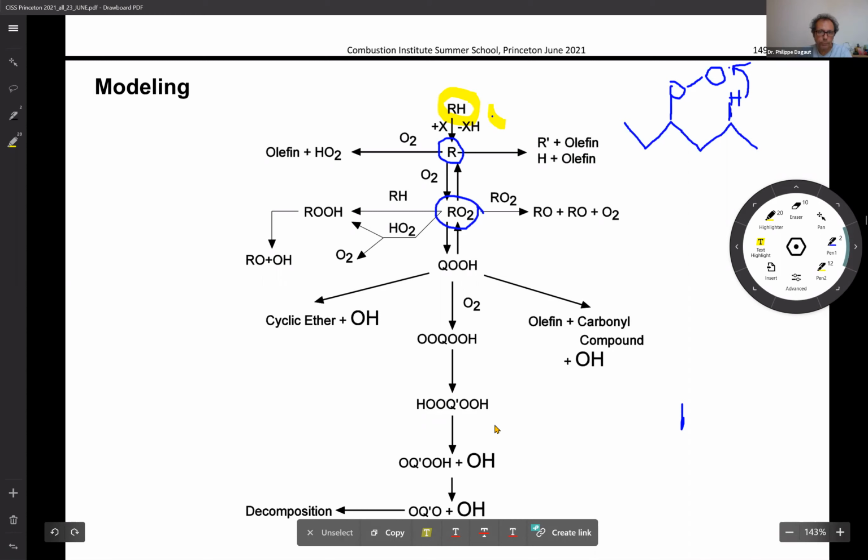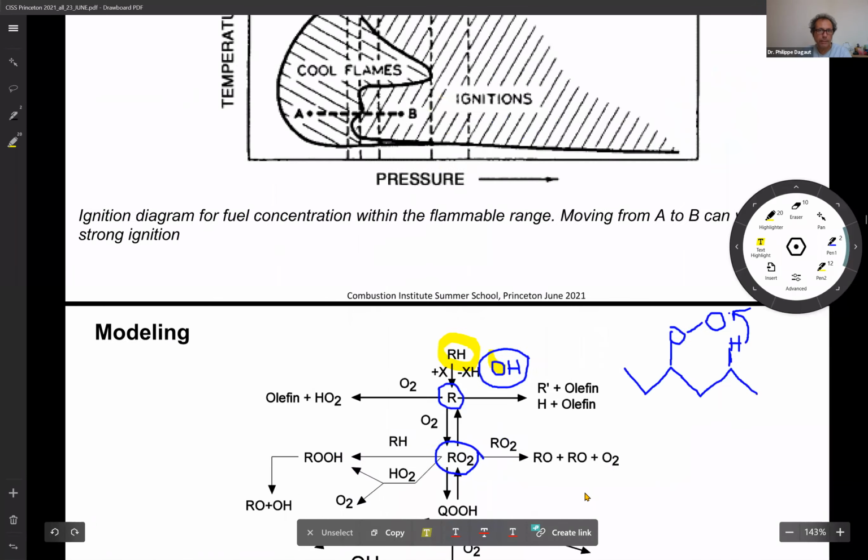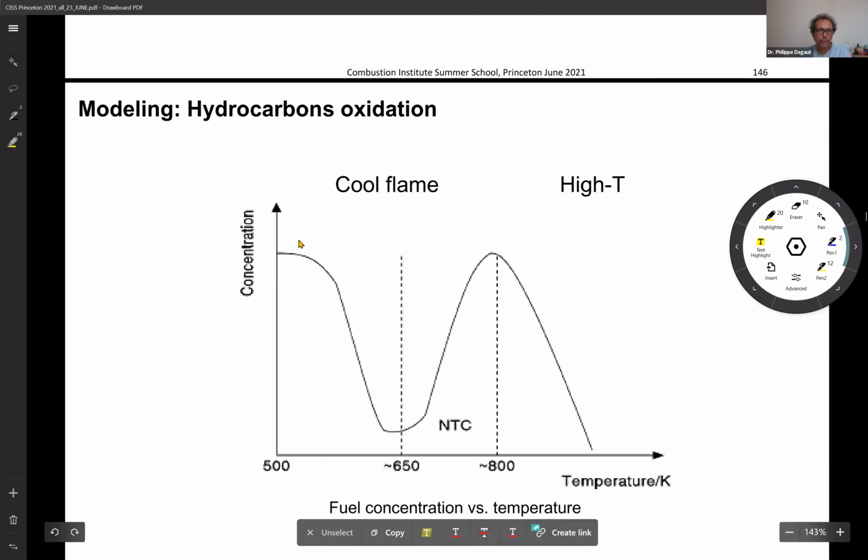So we started with a reaction consuming one OH, and at the end, we produce two OH radicals, which explains why the oxidation reaction gets faster and faster.